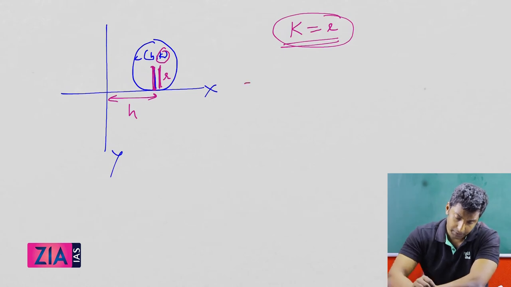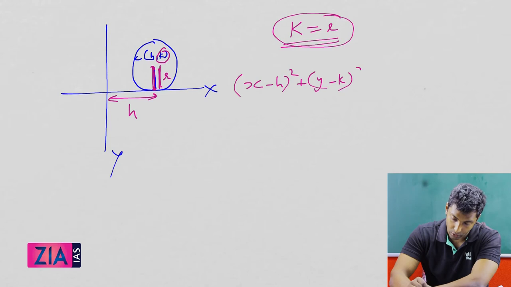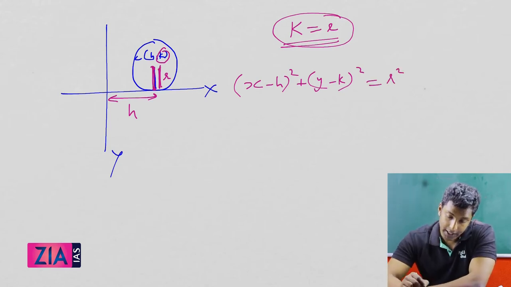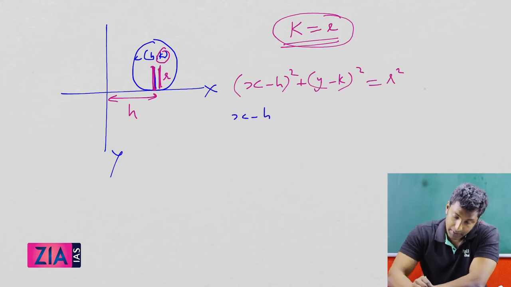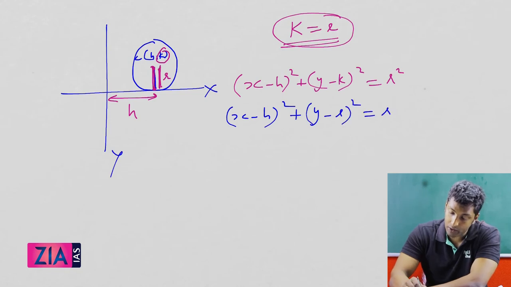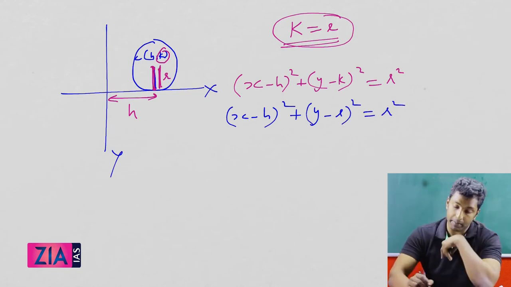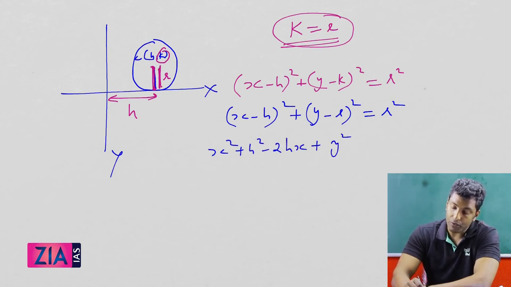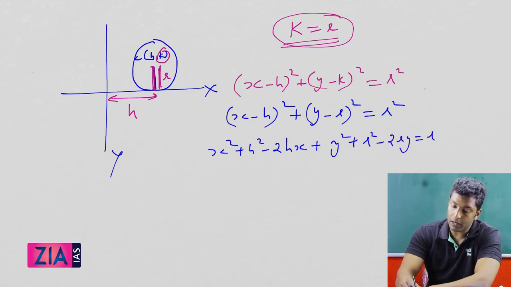Now if you substitute in the general equation, (x minus h) whole square plus (y minus k) whole square equal to r square, what do I need to do now? I need to substitute k equal to r. So (x minus h) whole square plus (y minus r) whole square equal to r square. Now I will open up the bracket. So x square plus h square minus 2hx plus y square plus r square minus 2ry equal to r square.